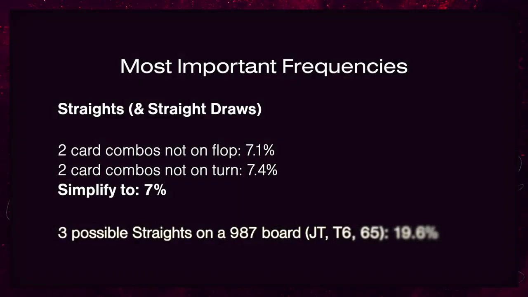Now, when these start to overlap, so let's say on that same 9-8-7, and you want to think of how often your opponent has a straight, well, there are three straights out there, right? There are Jack-10, 10-6, and 6-5. And obviously sometimes you'll have Jack-10-6 or 10-6-5.